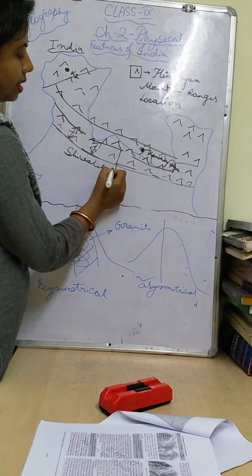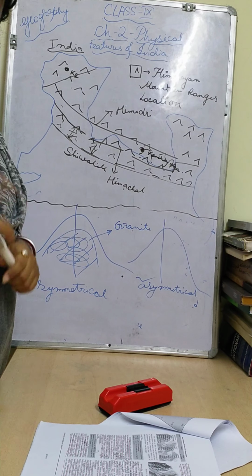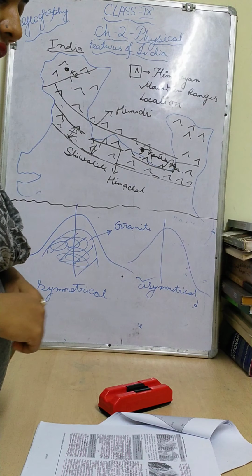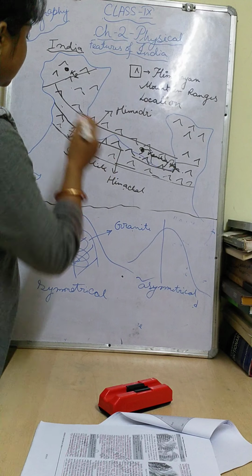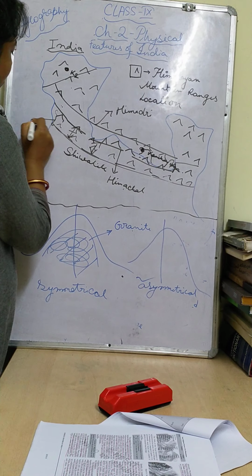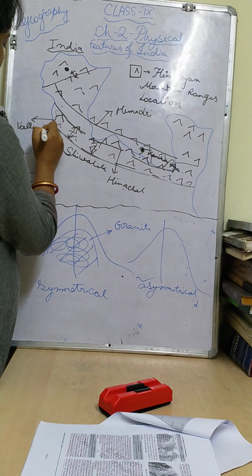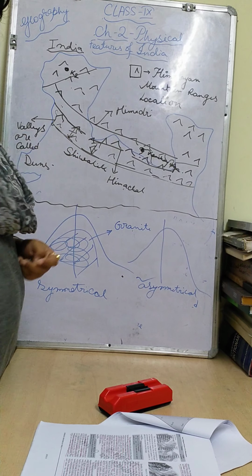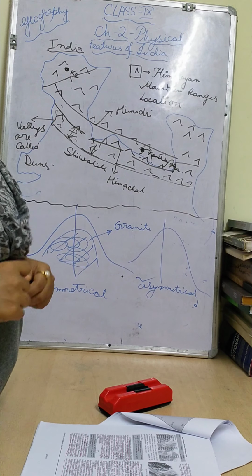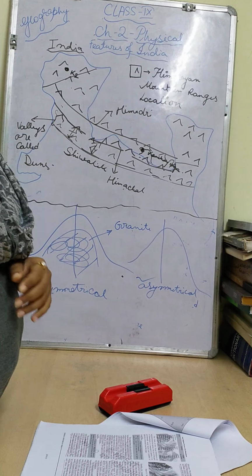So between the Himachal and Shivalik ranges, in the middle and last range, there will be some longitudinal valleys, very beautiful valleys. They are called dunes. I think children, you already know some of the names: Dehradun, Kotli Dun, Patli Dun. Please note down all these three dunes.